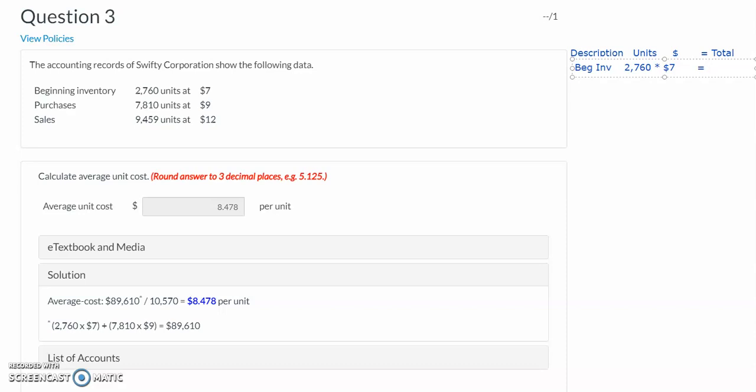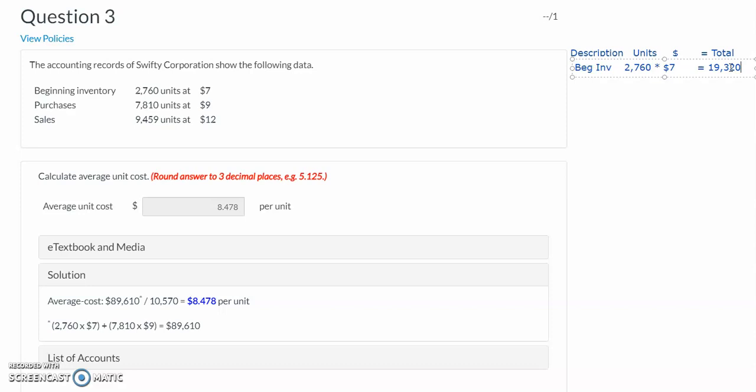You're going to go ahead and take out your calculator and multiply out 2,760 times 7. So I'm going to put in the amount of $19,320 for my beginning inventory.